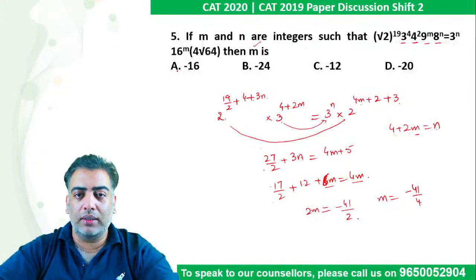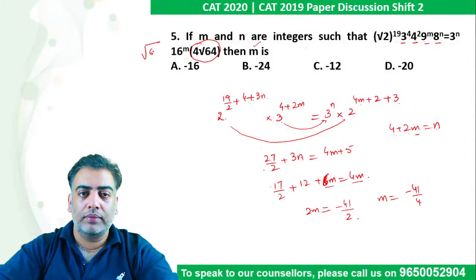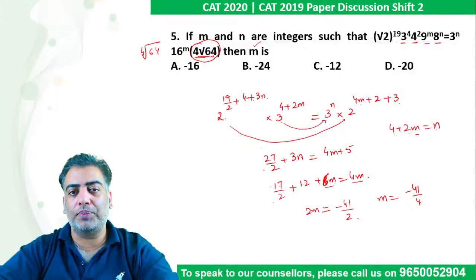Okay, so guys, here it was the 4th root of 64. So there is a misprint here.